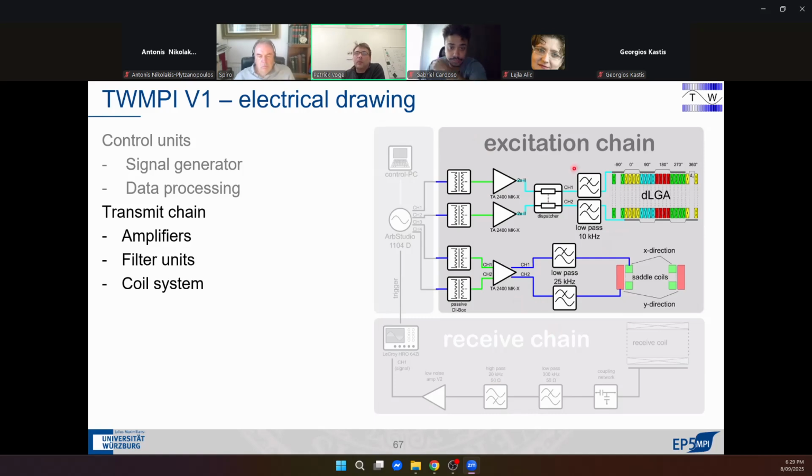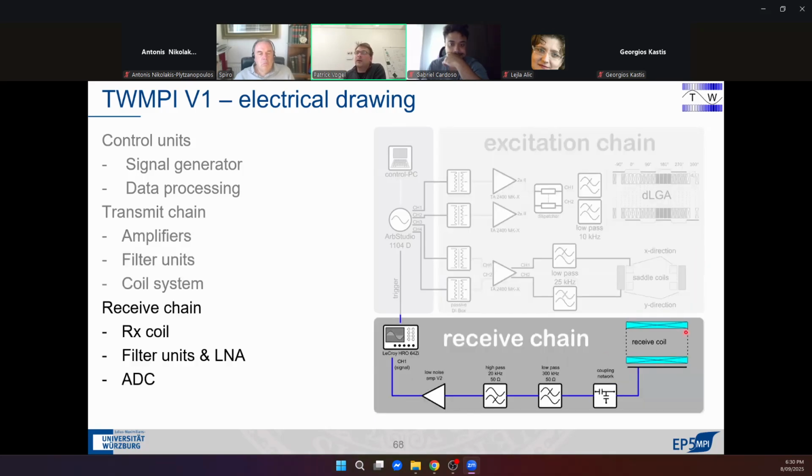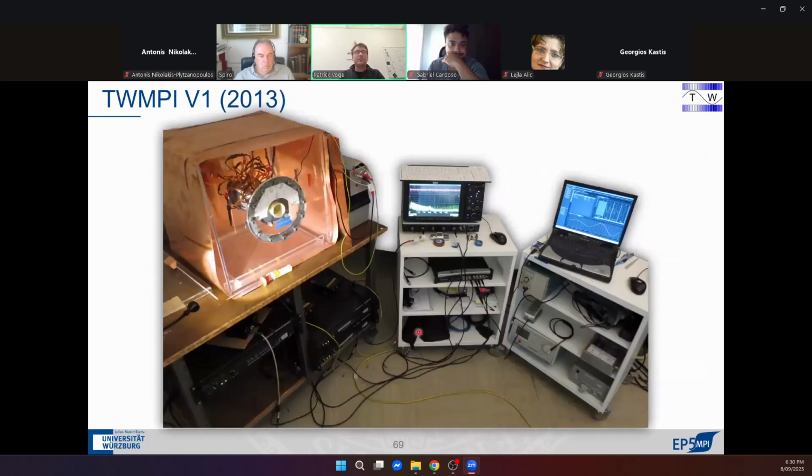You need low pass filters and different stuff just to clean up the signal before you can generate the magnetic fields. And then on the other side, with the receive coil, you have different steps to also clean up the signal, and then you can digitize the signal and produce the images out of that.